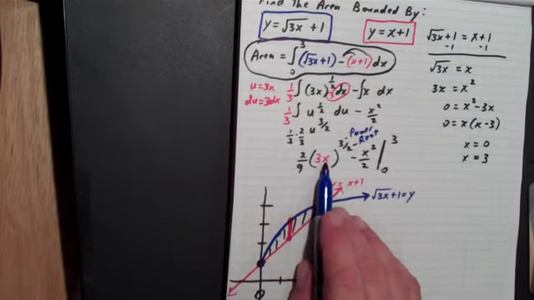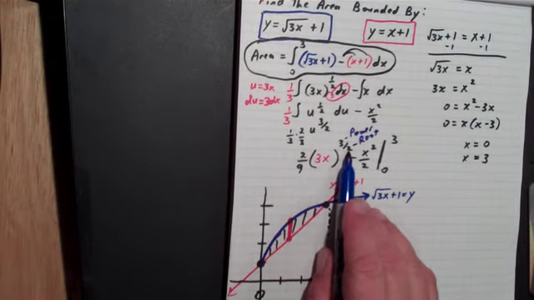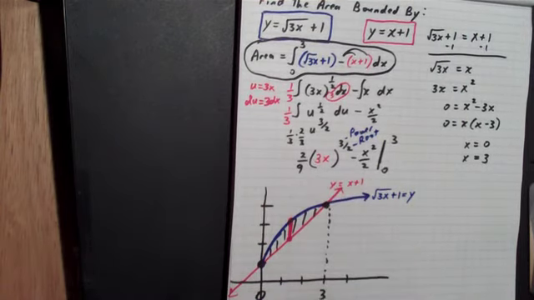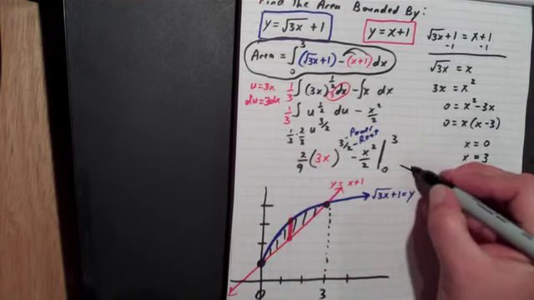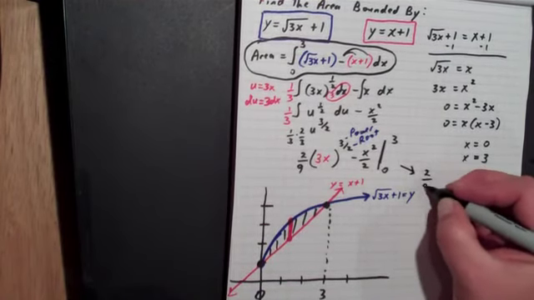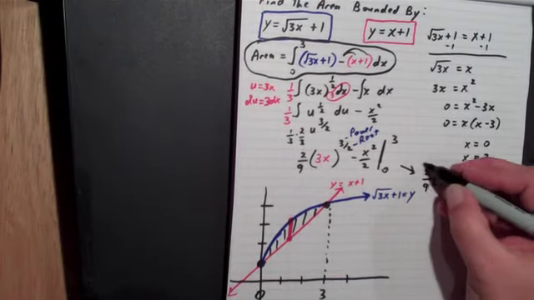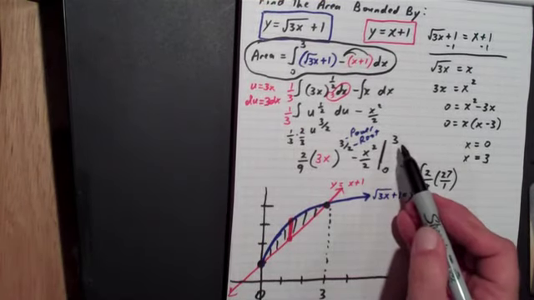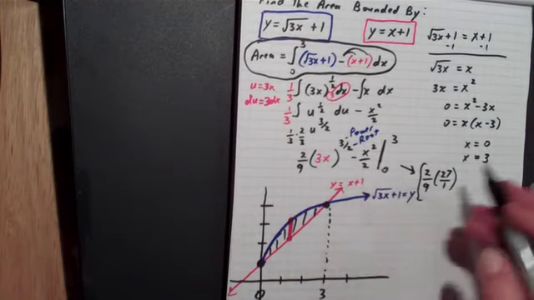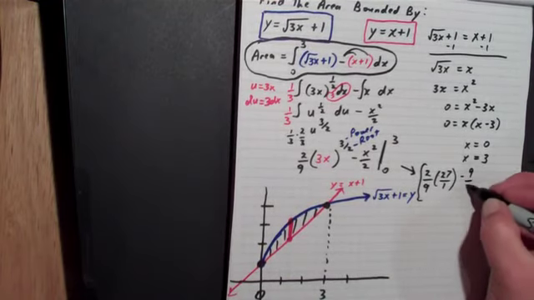Well, 3 times 3 is 9. The square root of 9 is 3. 3 to the third is 27. So this over here is going to be 2/9 times 27. I'm plugging in the upper number. Minus, put a 3 in there, I think would be 9/2.